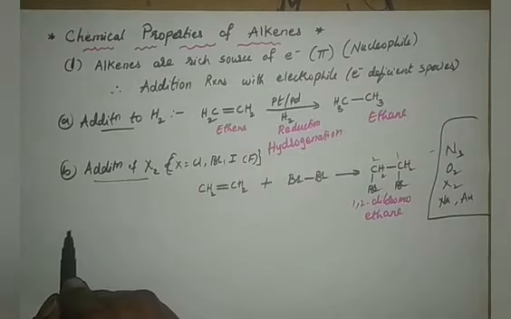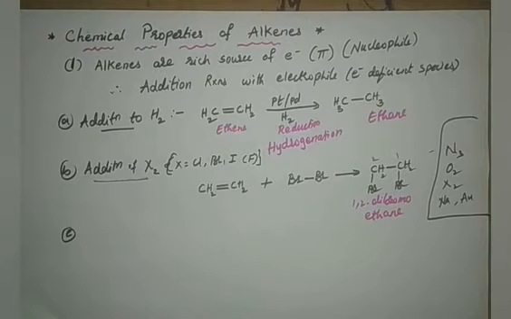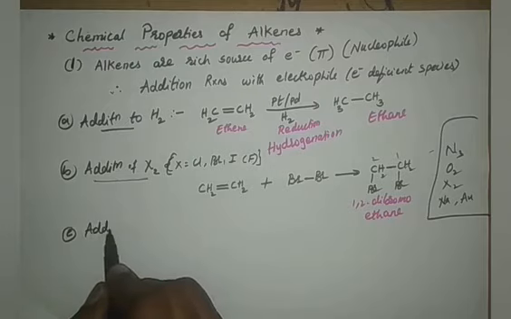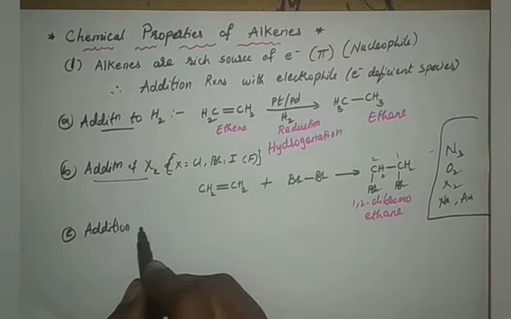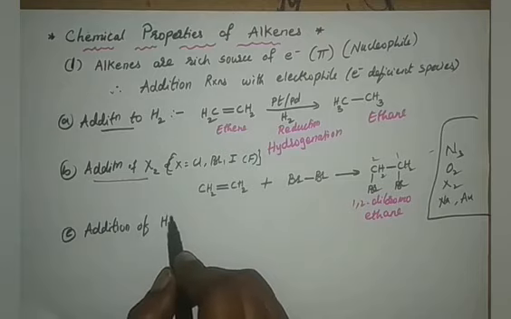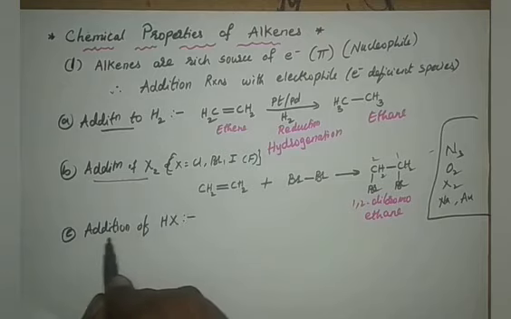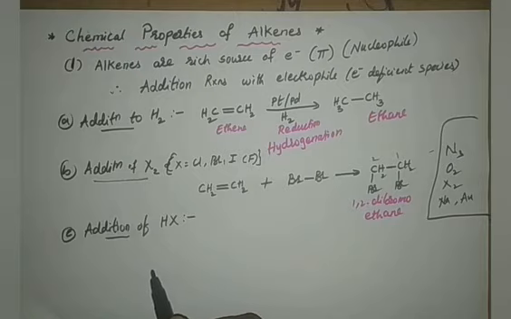Then same one. Third reaction. Addition of hydrogen halide. May I write HX? Hydrogen halide is HX. Right. So, HX addition in alkenes, they have more reactivity of HX addition.